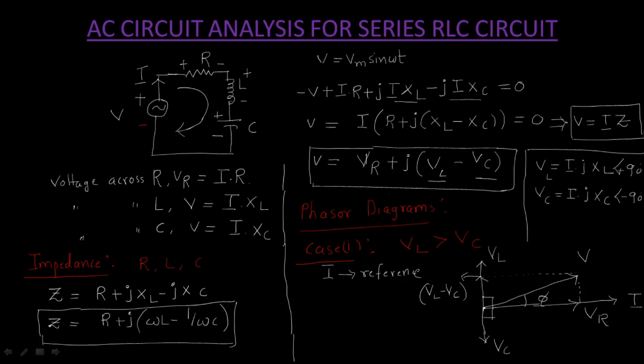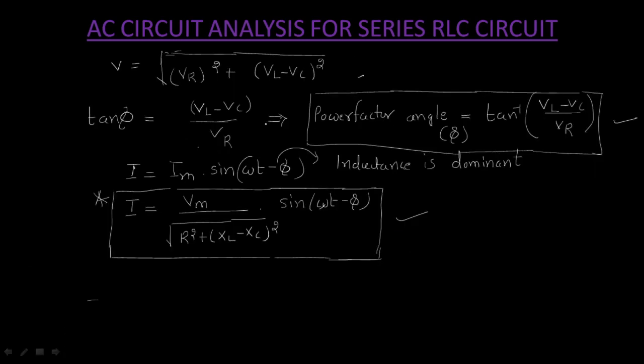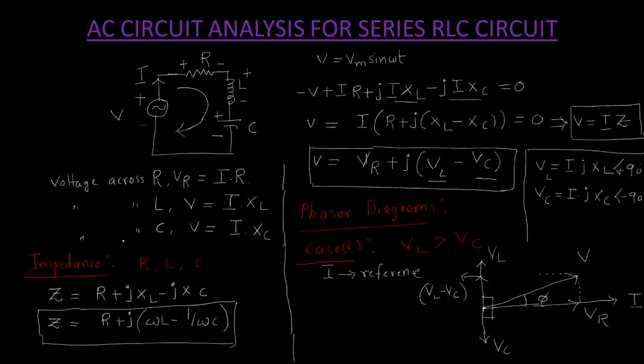The current flowing through the series circuit is given by this formula, with Vm divided by the impedance, which is the combination of resistance and reactance, and this is the power factor angle. Okay, this is about the series RLC AC circuit analysis.